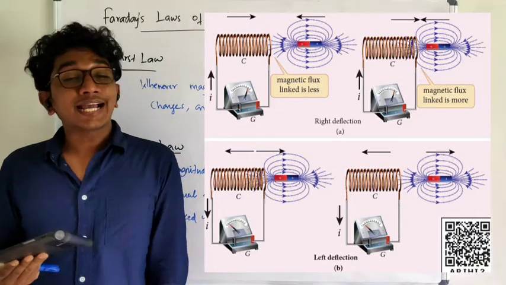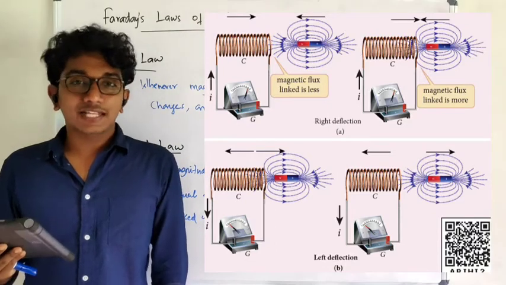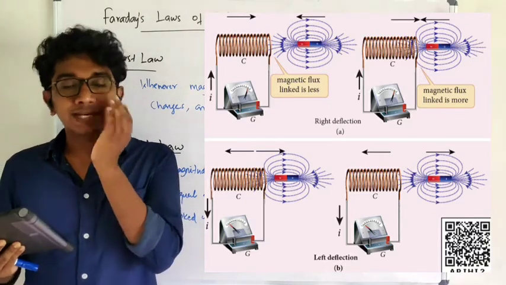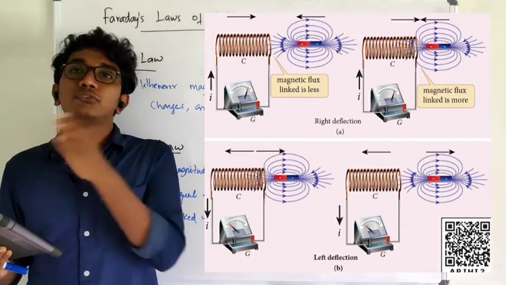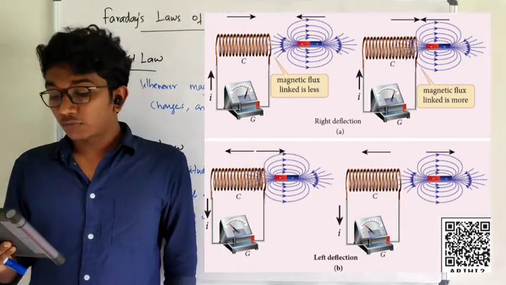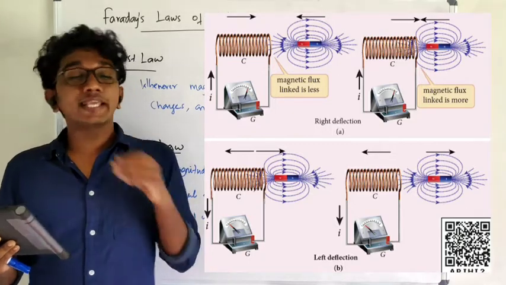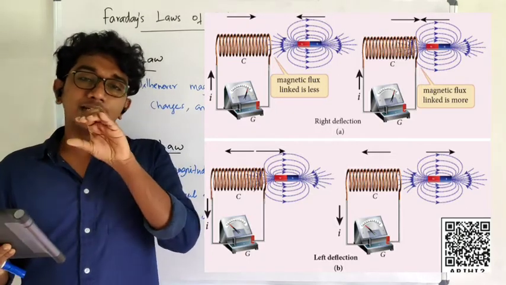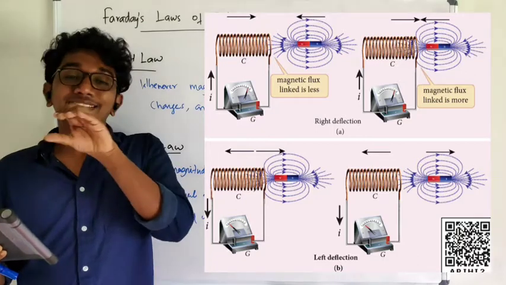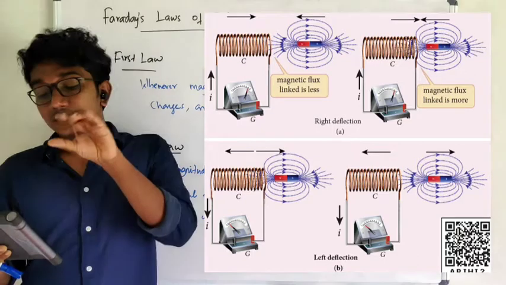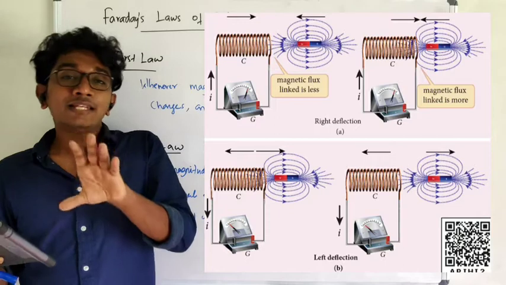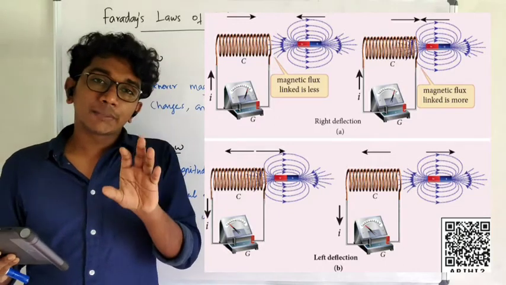So here, first we will discuss the right deflection. If the magnet is moving towards the right direction, then what would happen? Initially, the magnetic flux linked with the circuit is less, so the deflection will be less.